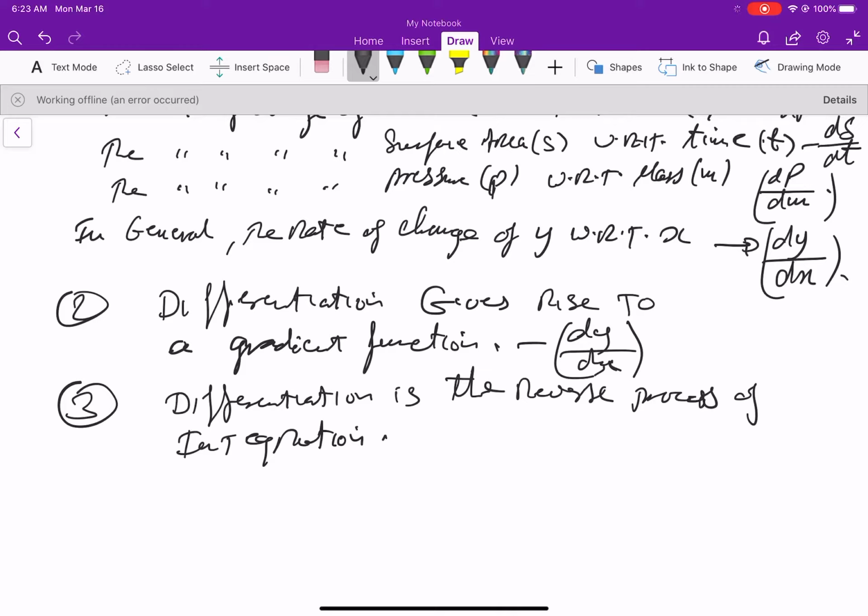Now, notice that up to this point, I haven't actually told you how you actually go about differentiating a function. The process of differentiating a function will depend upon what type of function you have. The rules for differentiation differ for different types of functions.